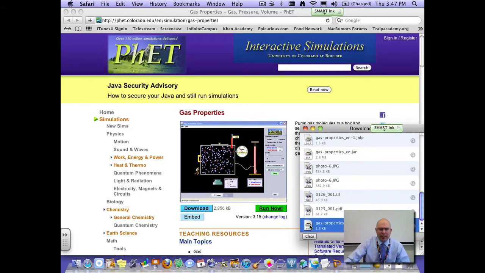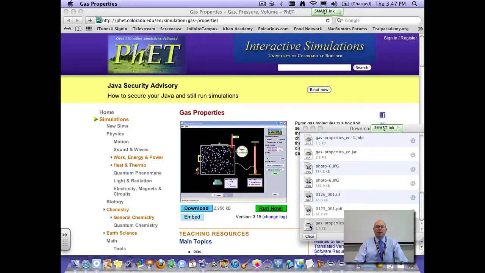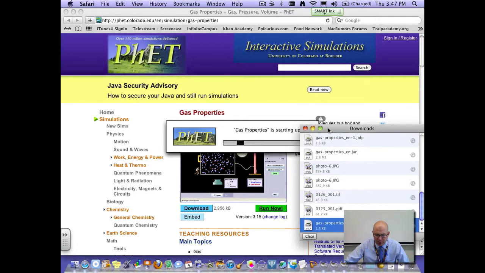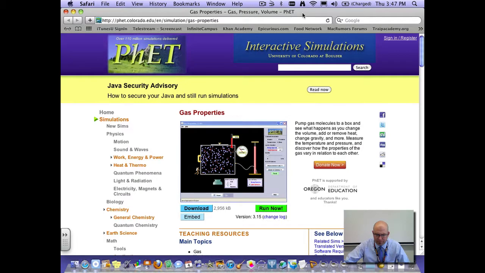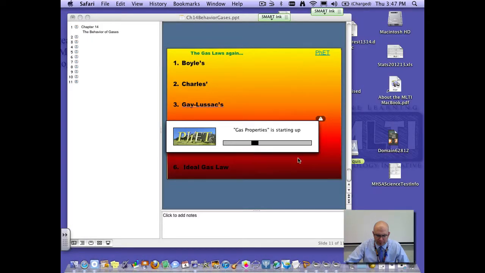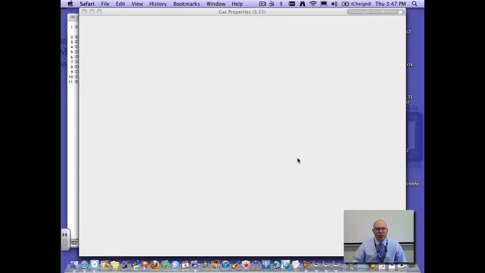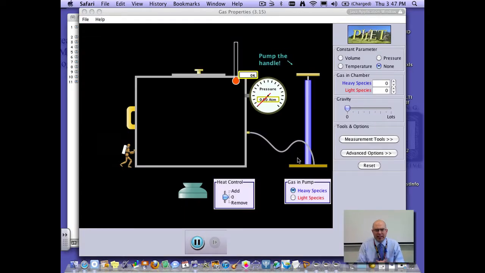You could certainly go to it, again, at phet.colorado.edu. There's a bunch of different simulations you can use. They're just simple little simulations where you can change some variables, adjust some things, and it shows you how things work.